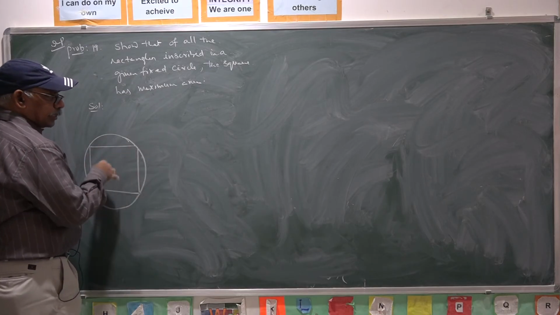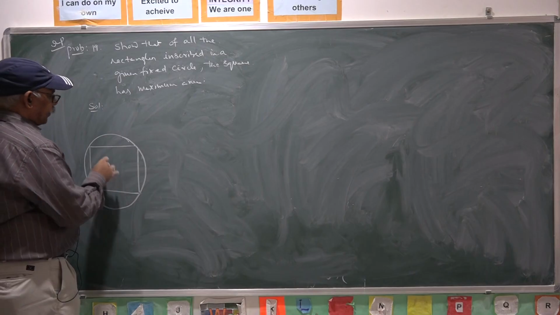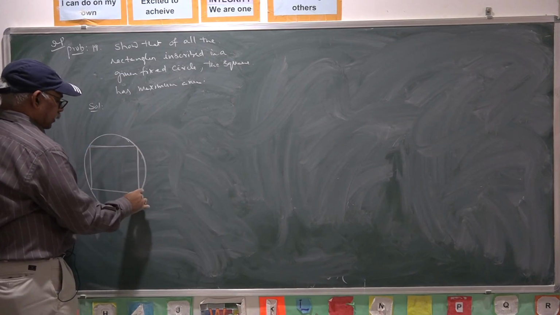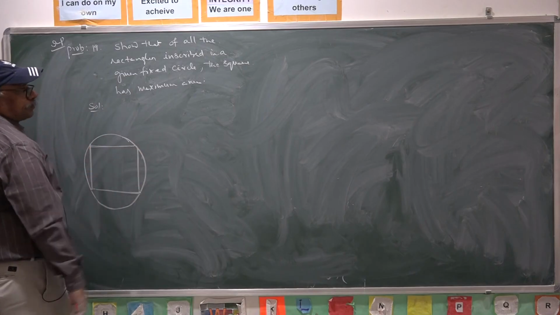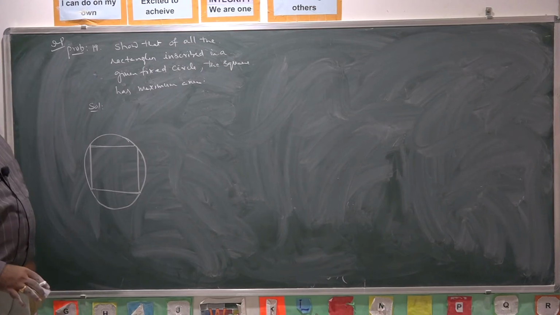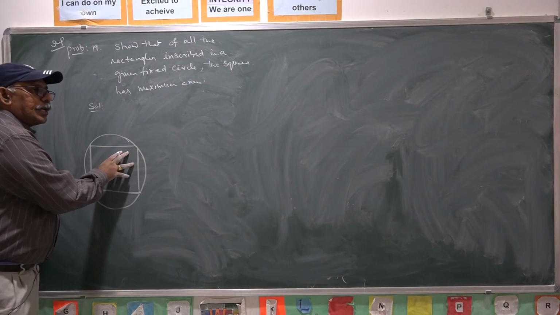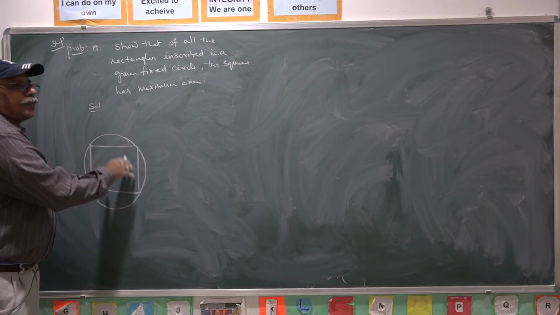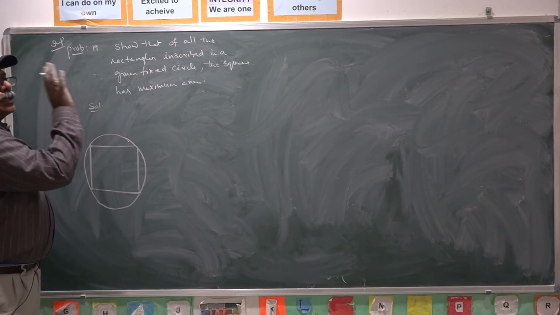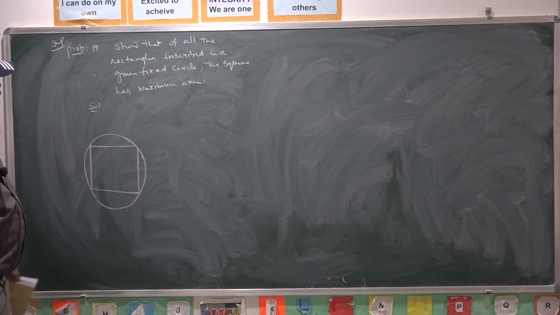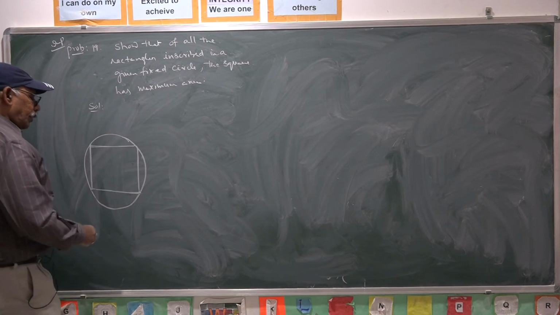Out of all such rectangles inscribed in a fixed circle, the square has maximum area. That means the rectangle of maximum area inscribed in a fixed circle must be a square. That is to be proved here.